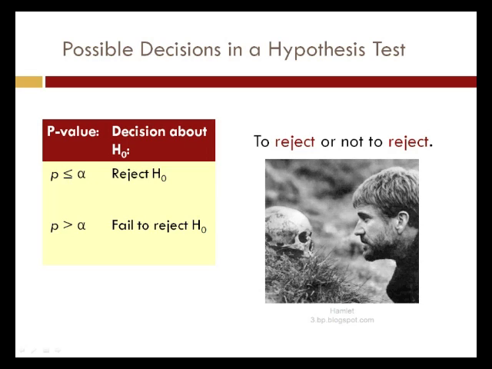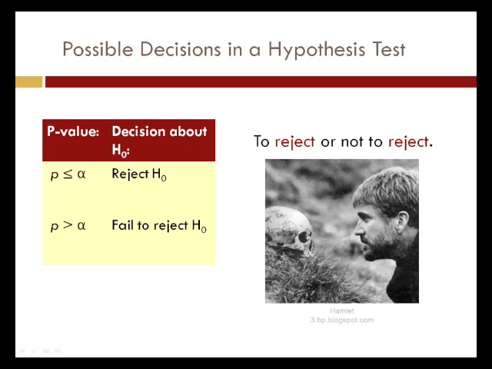The alpha is what we're going to set before we run the hypothesis test, before we even look at our data. We'll say we want to do it at such a significance level, and the most common one is 5%, so 0.05. If our p-value is less than or equal to 0.05, as long as we've agreed that that's our alpha, we reject.